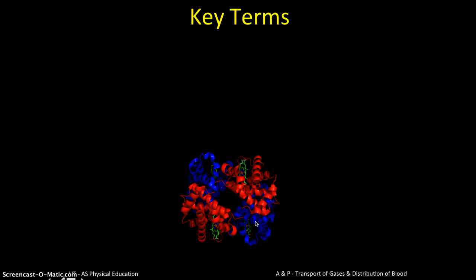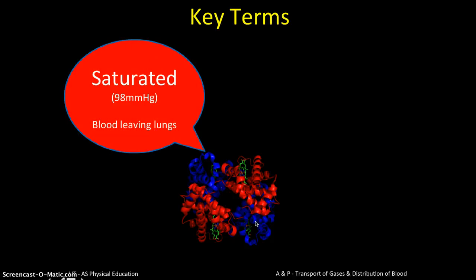Key terms to associate with carrying oxygen or having hemoglobin topped up with oxygen or not is saturated. So at rest, our blood is typically 98% saturated with oxygen. This millimetres of mercury is a measure for saturation. So blood very saturated with oxygen, this might be a number you would associate with it.